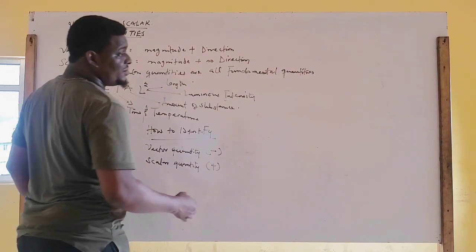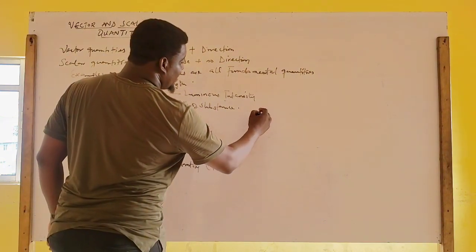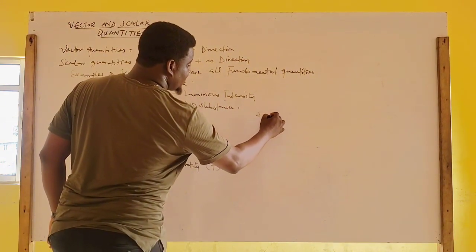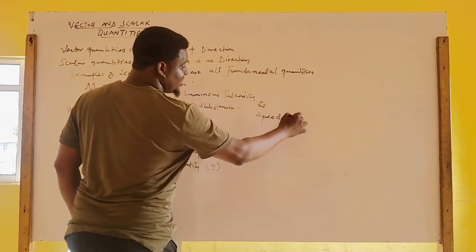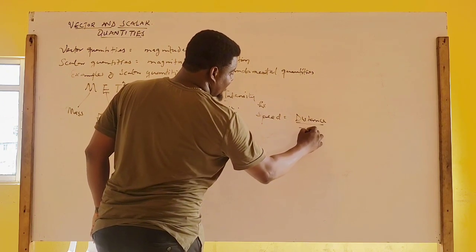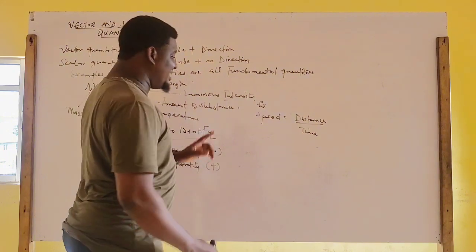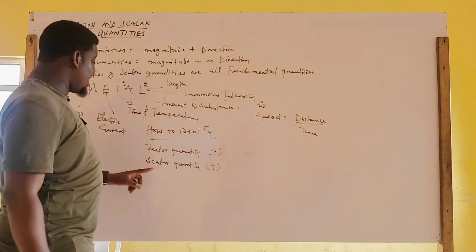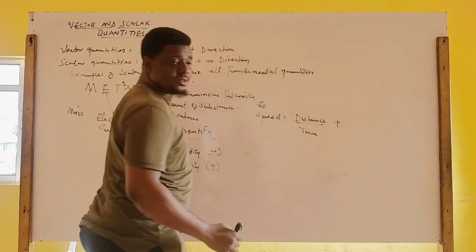So if we have some derived quantity given to you, for example, speed. Speed is distance over time. And distance in this sense is a scalar quantity. It has no direction, so you put it as plus.